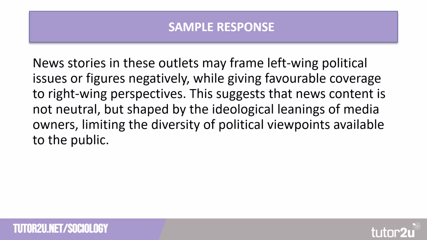News stories in these outlets may frame left-wing political issues or figures negatively, while giving favourable coverage to right-wing perspectives. This suggests that news content is not neutral, but shaped by the ideological leanings of media owners, limiting the diversity of political viewpoints available to the public.